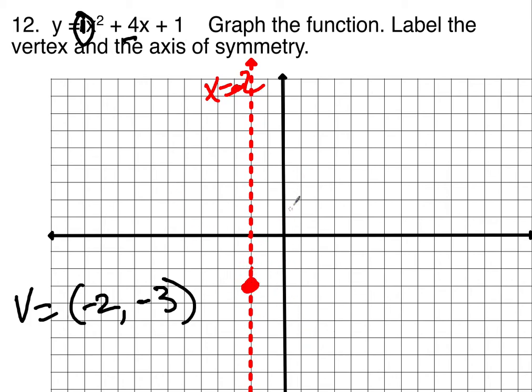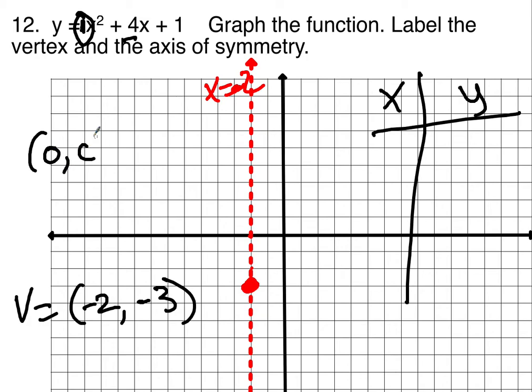And then the rest of this you do the same way that we did the first problem. You find a few points on this side of the graph, and you also graph their reflection. So let me find a few x and y values. I'm going to pick the y-intercept because it's easy. I know it's always going to be at 0, c. So when x is 0, y is this c value over here.